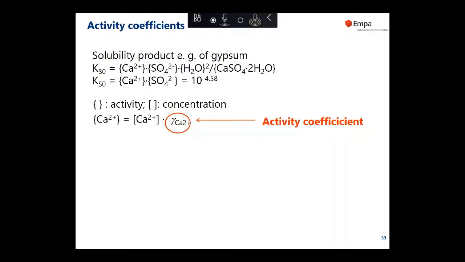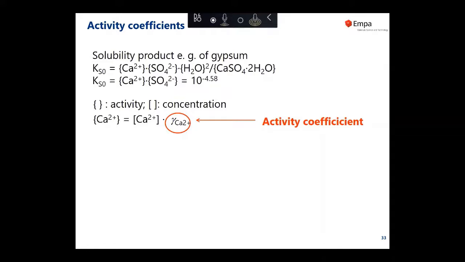The solubility product of gypsum is the activity of calcium 2+, the activity of sulfate 2-, and the activity of water. The one of water we normally can neglect because it's near 1. However, GEMS will calculate it. And the activity of a solid phase is always 1. This is by definition.